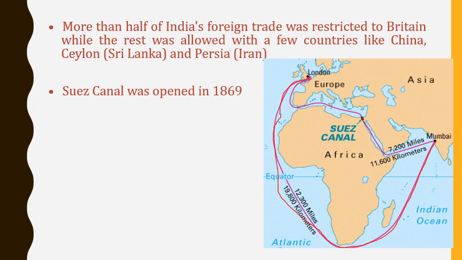To reduce the distance, they found another way, through the Suez Canal, like this, as you can see in the video. This is comparatively the shortest way, 7,200 miles, which is 11,600 kilometers.